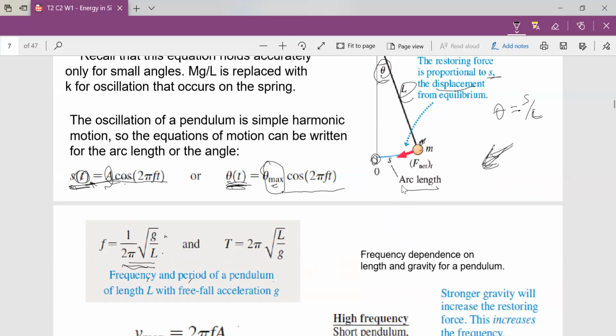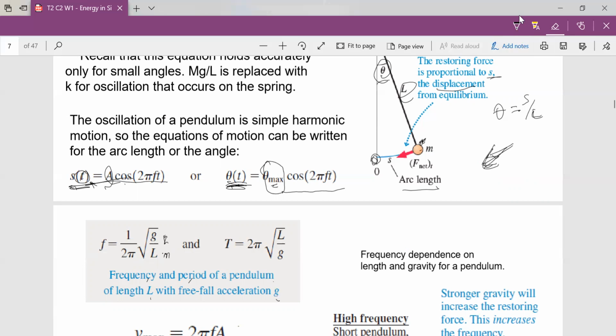Instead of k and m, we are using the length and the gravity. How this is derived will be shown.